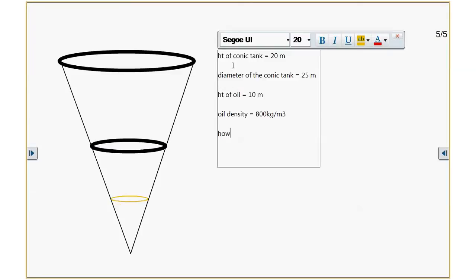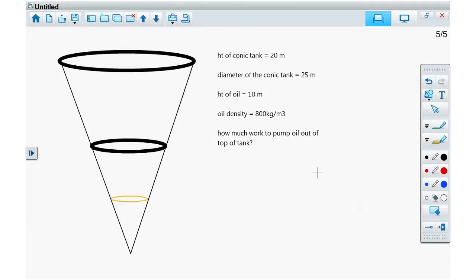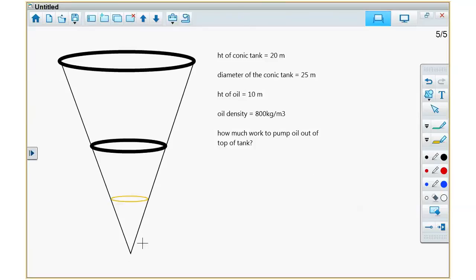How much work to pump oil out of the top of the tank? It's assumed that there's a little hole at the top of the tank and that you're pushing it out. Now again, you've got to remember you're thinking about the little plunger. Remember your push-up?